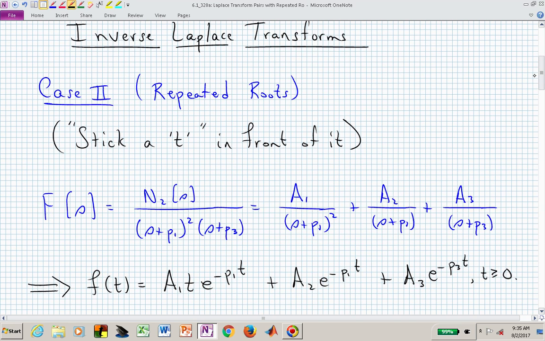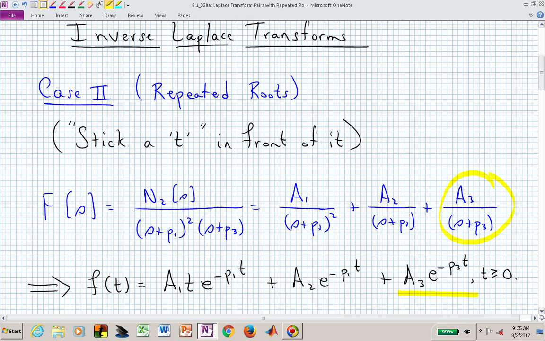Once we have that, then the structure that is associated with that can immediately be inferred from that partial fraction expansion structure. And in particular, we should be able to very quickly see that over on the far right with the a sub 3, that's a distinct pole, and that has associated with it the classic a sub 3 e to the minus p sub 3 t time domain expression.